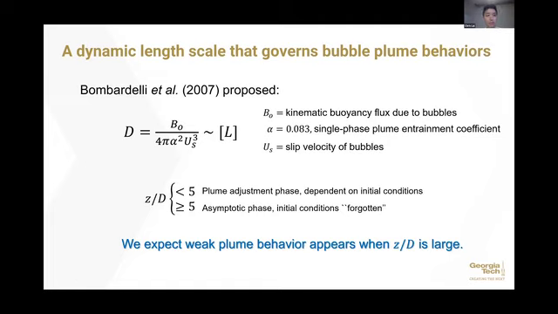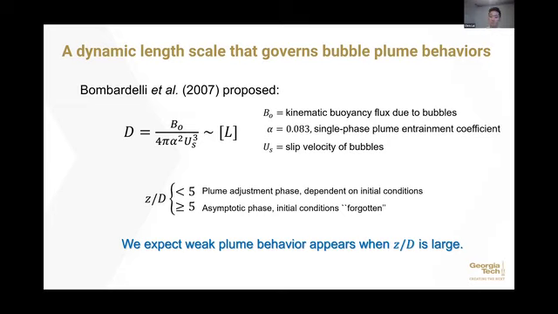There will be a point where they will cease to interact with each other and will rise individually. This is the region where the buoyancy profile would become discontinuous, because each bubble would act like a point momentum source in the flow field.